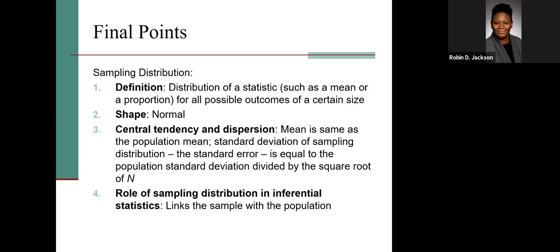The whole point and purpose of a sampling distribution with regard to inferential statistics is how we link the sample with the population. This is how we are able to say, we've got this information about this sample, and this is what it tells us about an overall population.